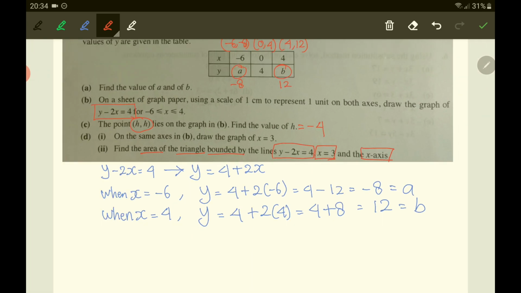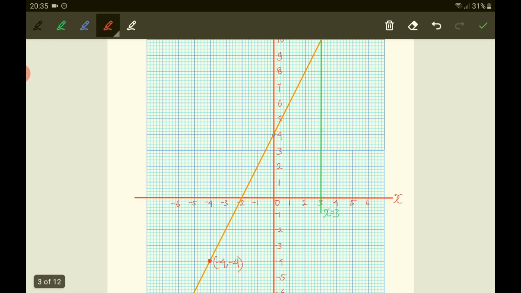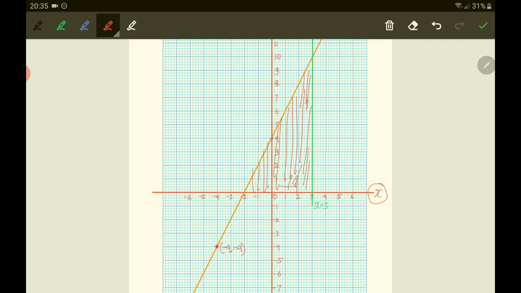So there are 3 boundaries: the green line, the orange line, and the x-axis. This is the triangle. I want to try to shade it. I hope you can see it. So we are going to find the area of this triangle.